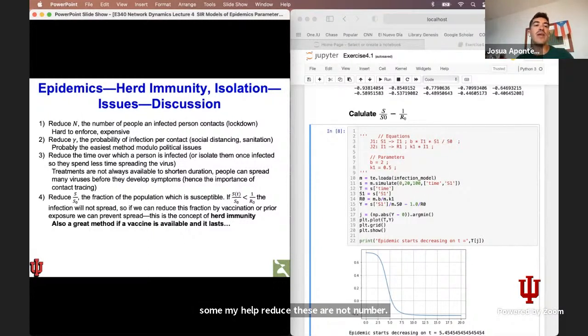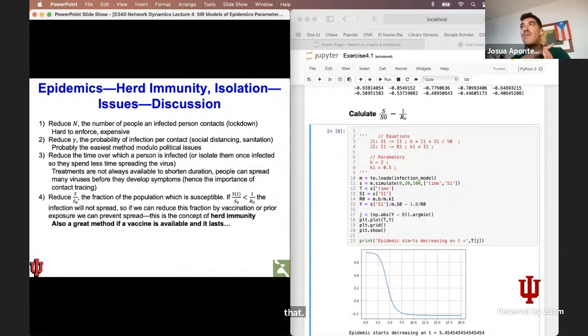And finally, there are different ways of reducing the number of susceptible individuals, not just by acquiring natural immunity. Vaccinations do that.